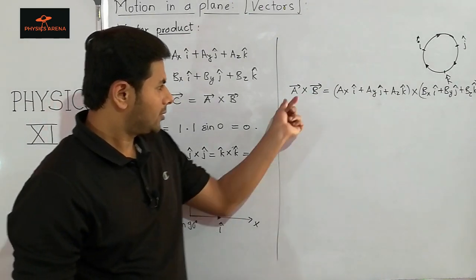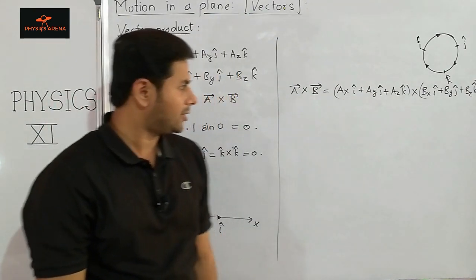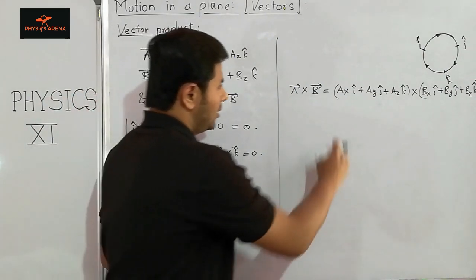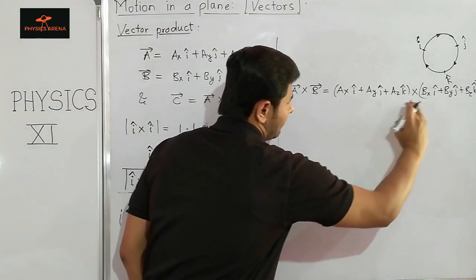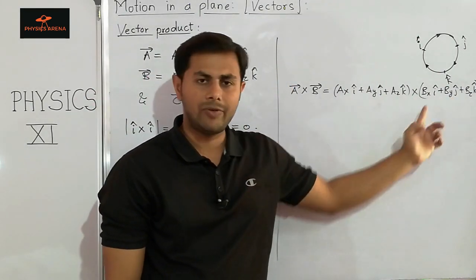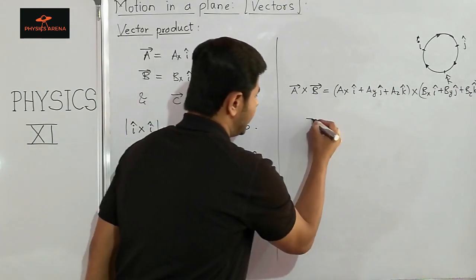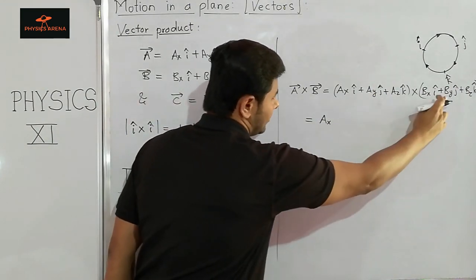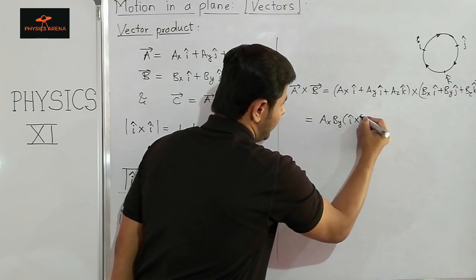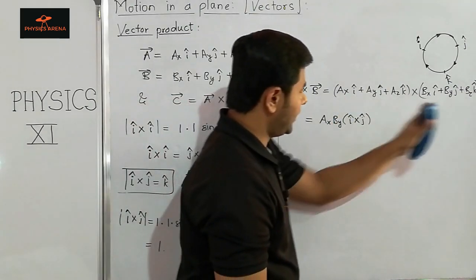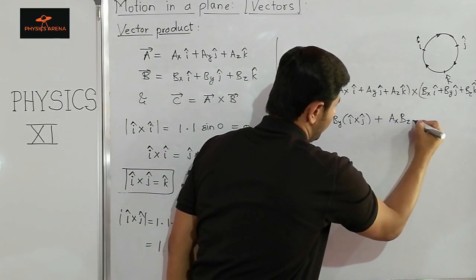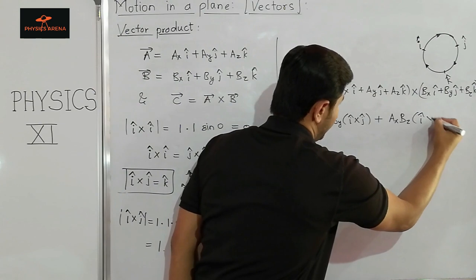Now let's do the multiplication, and for that let's multiply ax into i cap with this. We know that i cross i will give 0, so we multiply ax with by, i cross j, plus ax bz into i cross k.